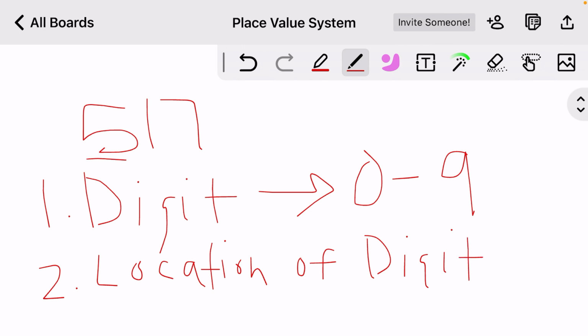So for example, is it first? Is it second? Is it last? Is it the furthest to the right? Is it the furthest to the left? These are the two things you want to pay attention to in our place value system, because there is information encoded in these two things.